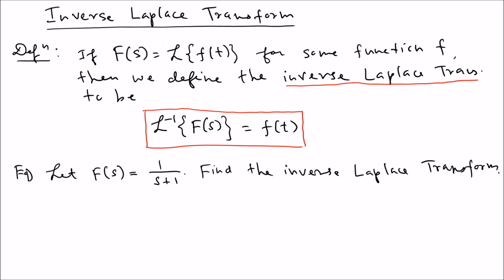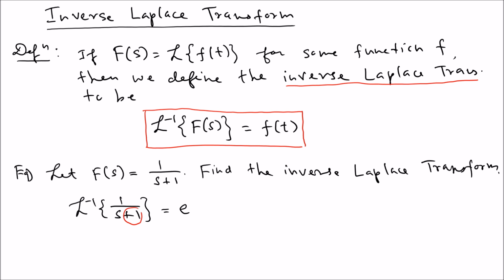So what's the idea? We can simply say that the inverse Laplace transform of 1 over s plus 1 is simply e to the minus a t.